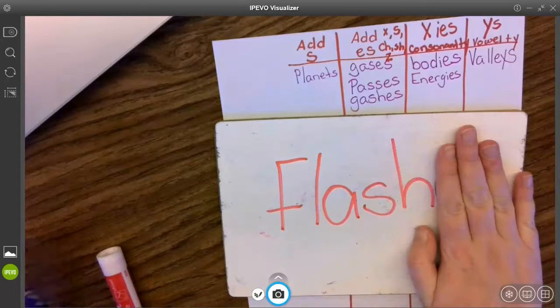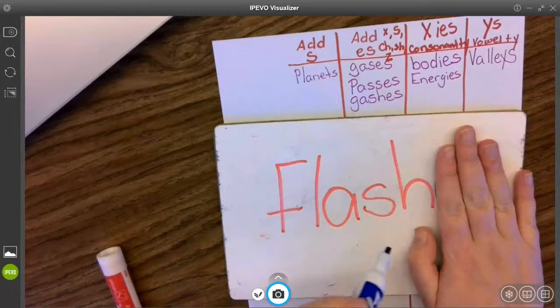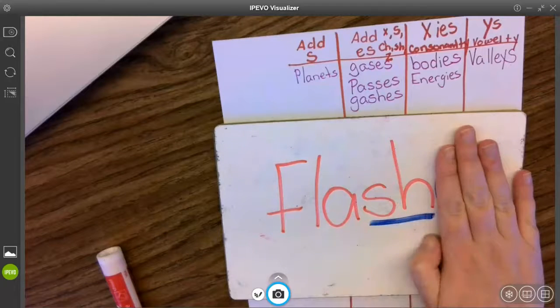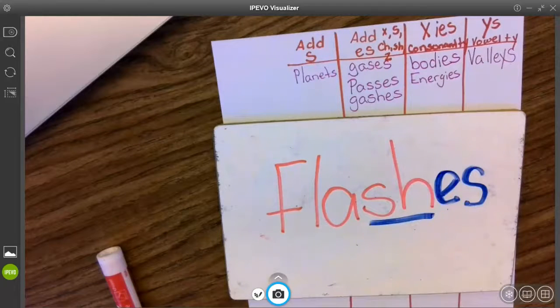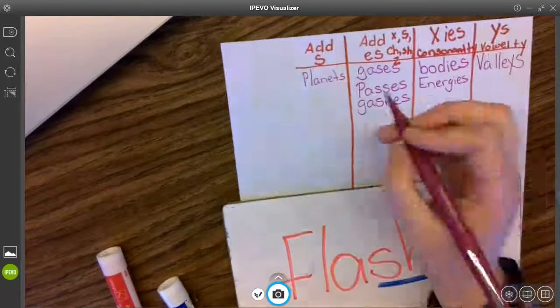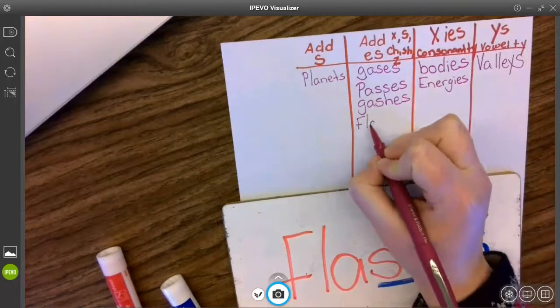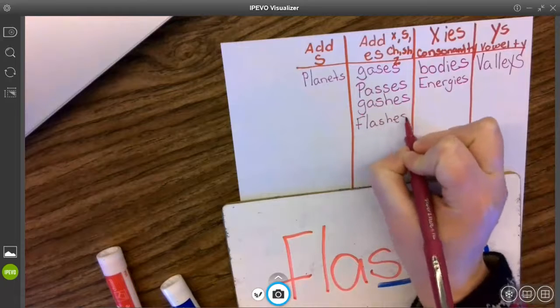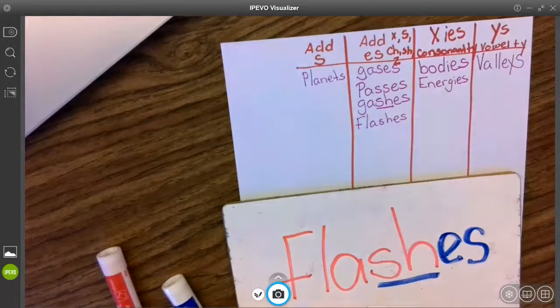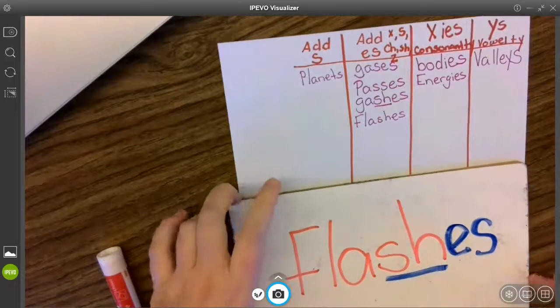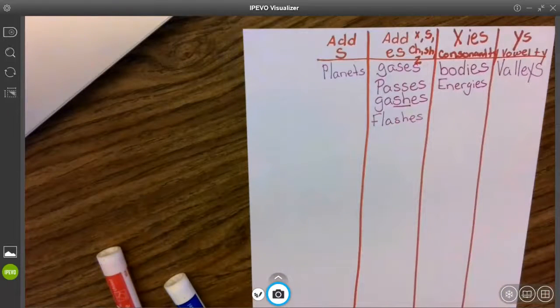And if it ends in an SH, they add ES to the end for flashes. It ends the same way as gashes does. Okay, let's keep going.